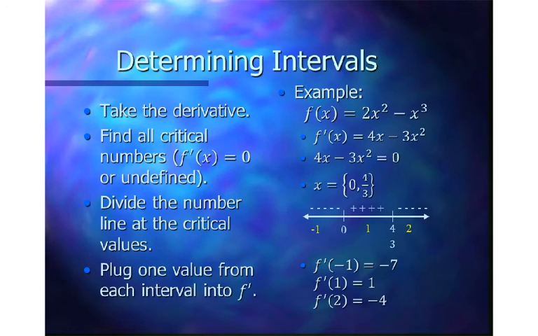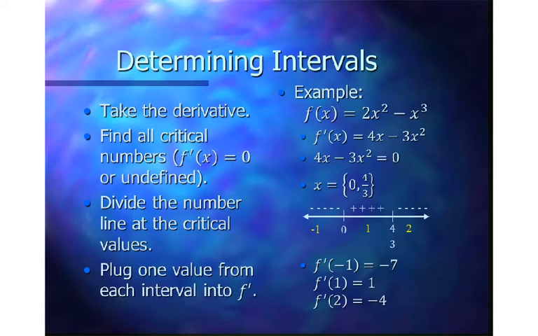Right? Now, if we want to determine the intervals on which the function is either increasing or decreasing, the first step would be to take the derivative. Once we've taken the derivative, we're going to find any critical numbers, any places where f prime is 0 or undefined.